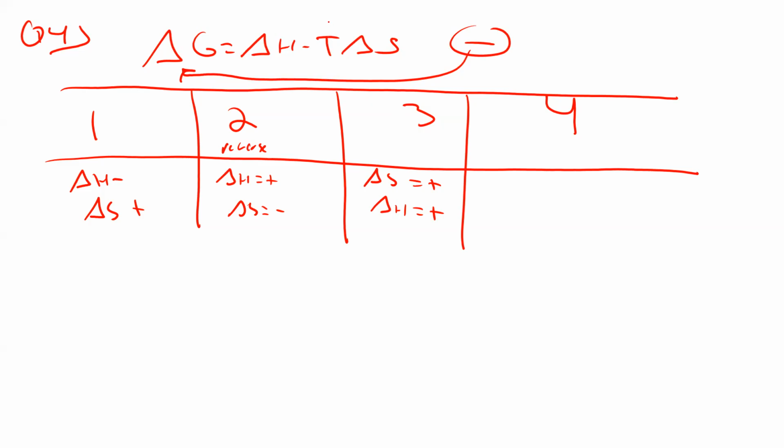If T is very high, delta H doesn't matter anymore. I don't really enjoy this question because delta H could still be negative, but as T is very high, delta H becomes negligible. That's why delta H can be positive in this case.